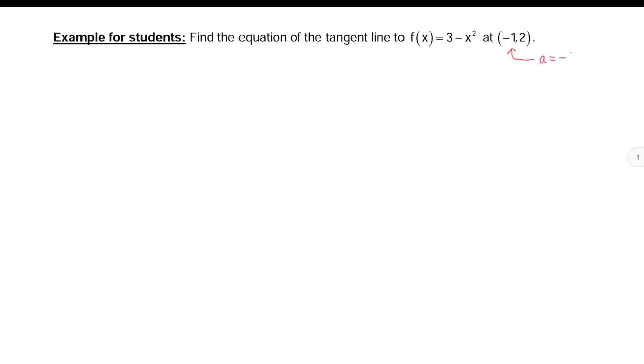a equals negative 1 in this math problem. I'm going to set up the limit as h approaches 0 of f of negative 1 plus h minus f of negative 1 all over h. To begin with, I want to substitute negative 1 plus h into x in the function.